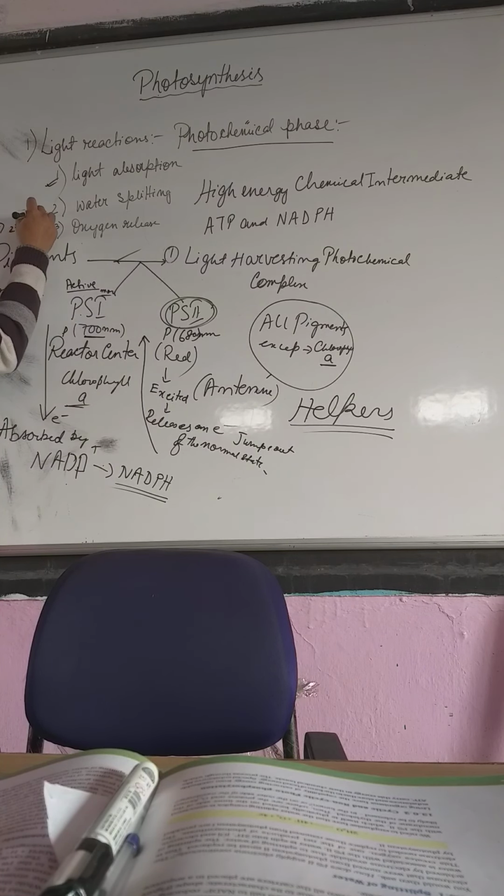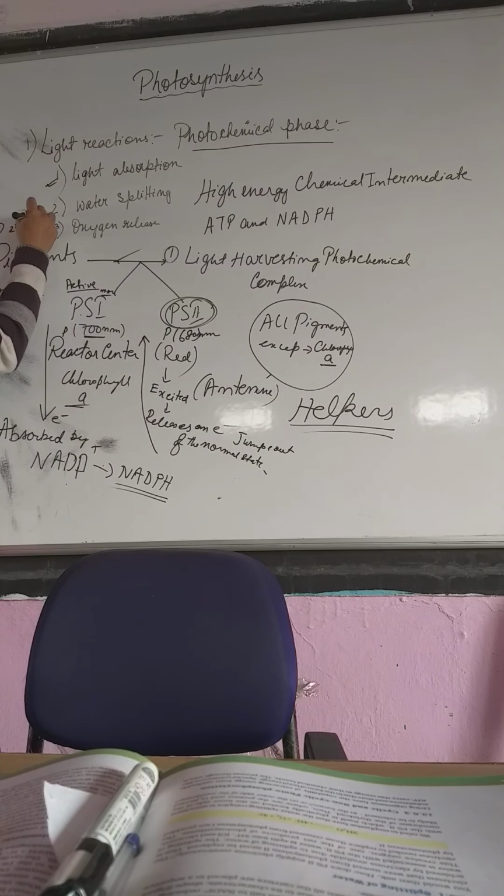Now here you see what I was talking about. On the board we have two photocenters, PS1 and PS2. PS2 gets activated in the first case. With the photon, this light harvesting center first gets activated and releases one electron.